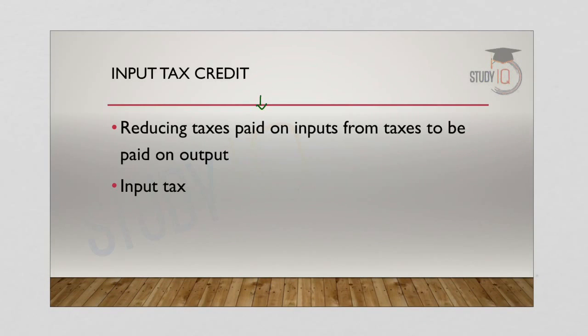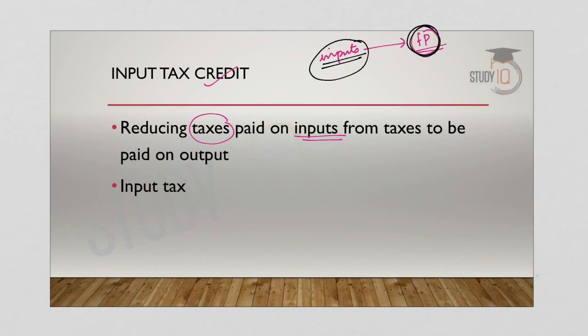Now let us first understand what is meant by input tax credit. Input tax credit basically means reducing the taxes paid on inputs from the taxes to be paid on output. For example, a manufacturer will have various inputs for manufacturing his final produce. These inputs would be purchased from different suppliers.